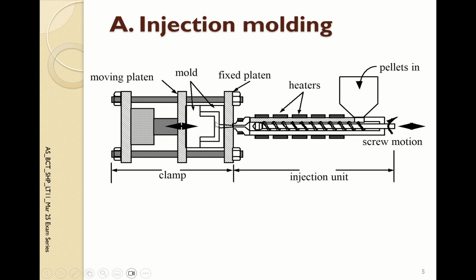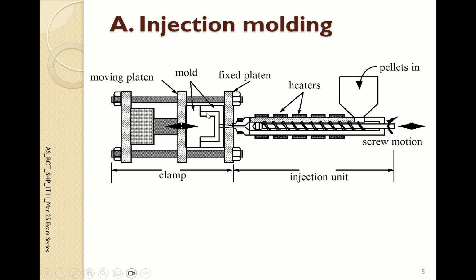Don't forget this, so it will be pushed, injected into the mold here. Don't know whether you remember the earlier lecture. This mold will determine what shape the plastic will be. Okay, so if I want the plastic to be a chair, this mold will be the cavity, the space there will be looking like a chair. So this liquid plastic will occupy the space here.